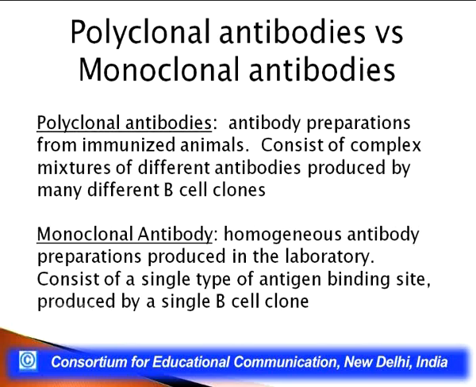We require monoclonal antibodies to perform our experiments. Now, monoclonal antibody is a homogeneous antibody preparation which are produced in the laboratory and they consist of a single type of antigen binding site and generally produced by a single B cell clone.